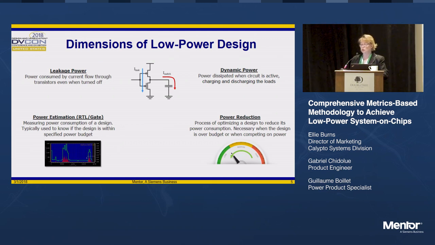And so in order to reduce the switching power, you need to have RTL that functions the same, but still is not switching when it doesn't need to. So today we're going to talk about metrics about all of those things, how to measure those things, and how to get the lowest power possible in both of these areas.